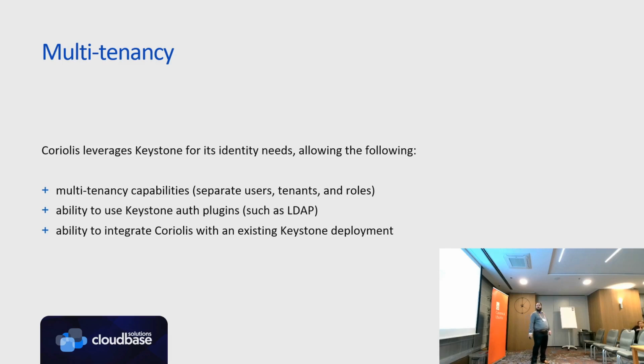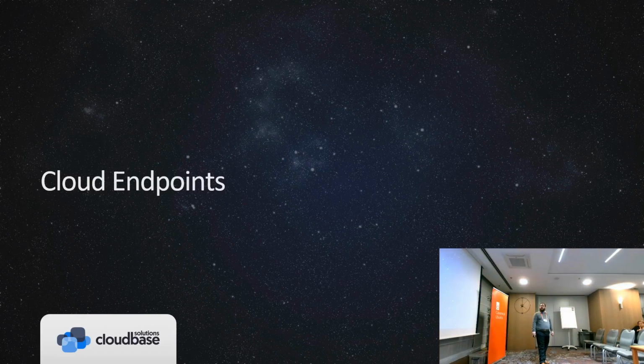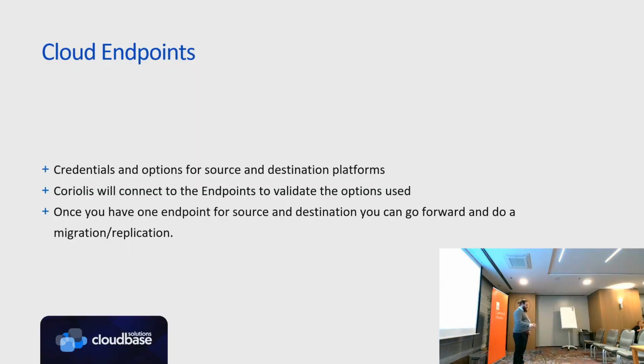Now, cloud endpoints. Cloud endpoints is what we specifically define as the means to connect to a pre-existing client's cloud, as we will need only user access and the API endpoint of the specific provider.